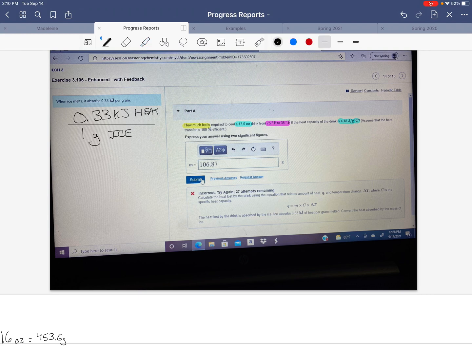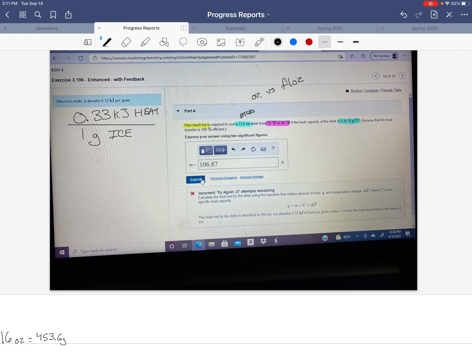Alright, so one of the first things I'm going to notice is that 13 ounces is a mass. That might not be so clear, because when we talk about 12-ounce cans, well, that's a fluid ounce, that's a volume. This is actually a mass, because it's just ounces, versus fluid ounces.